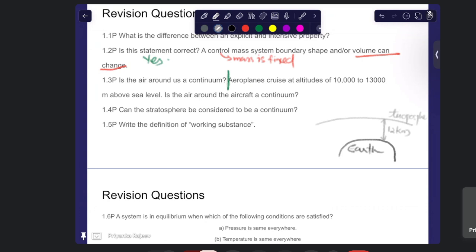All this layer up till 12 kilometers is troposphere. Then from 12 kilometer to almost 50 kilometer, you have got the stratosphere. Then you have got mesosphere, ionosphere, and exosphere.